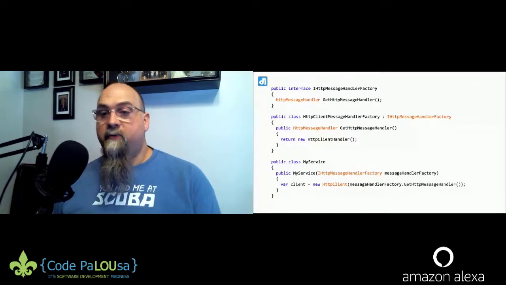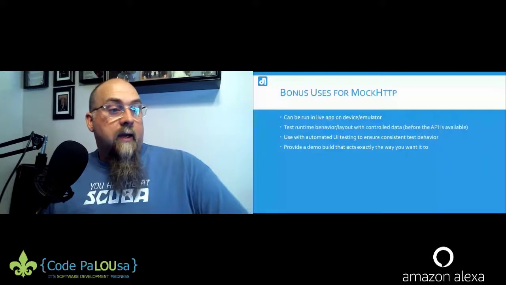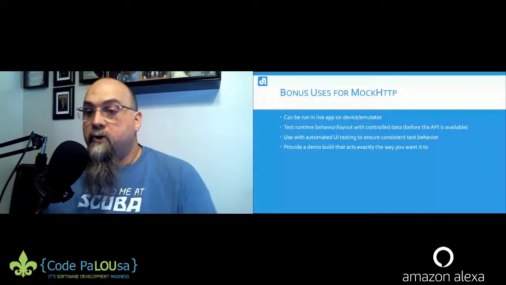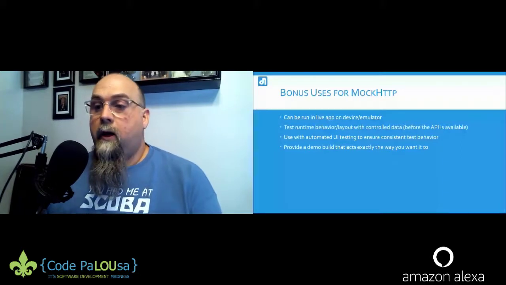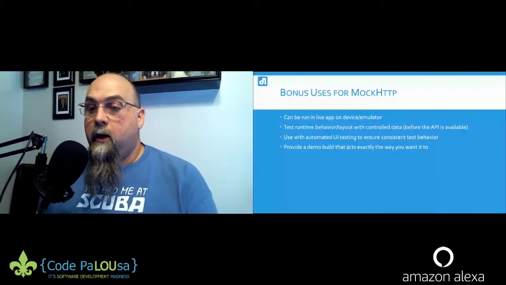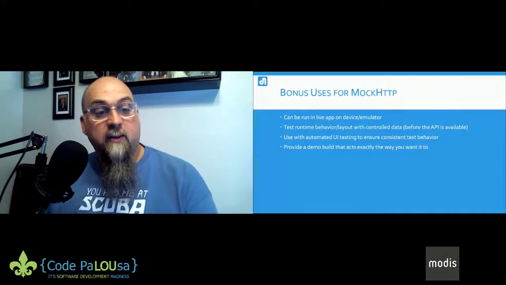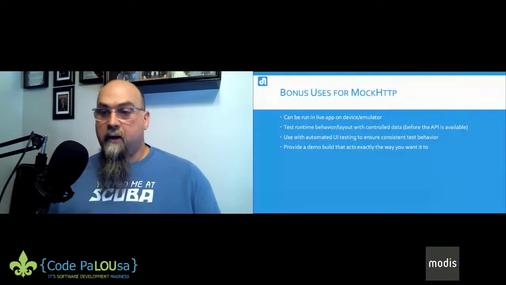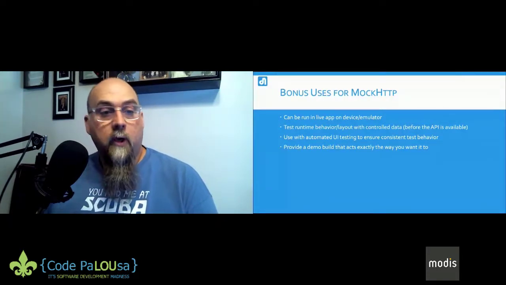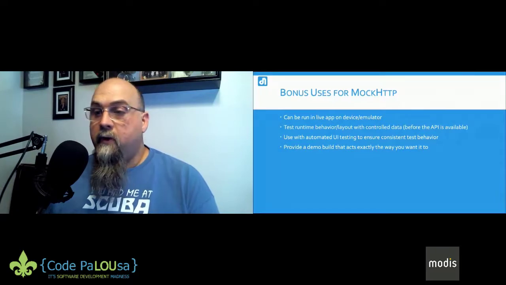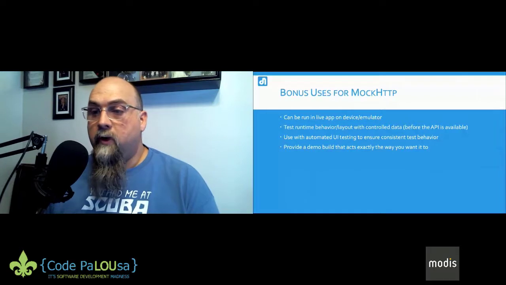So I hinted at this before, but a bonus to doing this is that you can use it wherever. It works great in unit tests, but if you're proof-of-concepting something or doing development on, like I said, something greenfield where the APIs don't exist yet but you have some agreement on what the APIs are, or maybe it's a third-party service where you know the API surface but you don't have anything provisioned in it yet, or a license to it, or whatever it is.